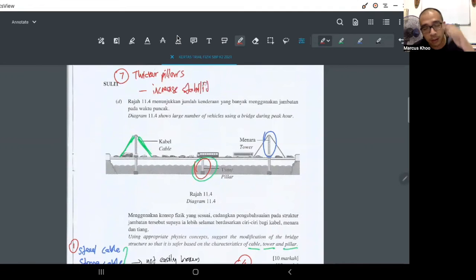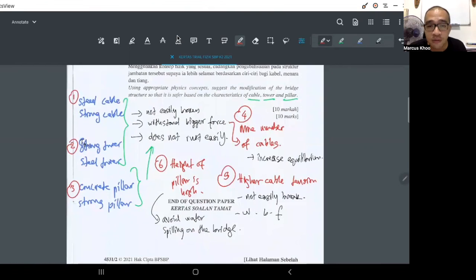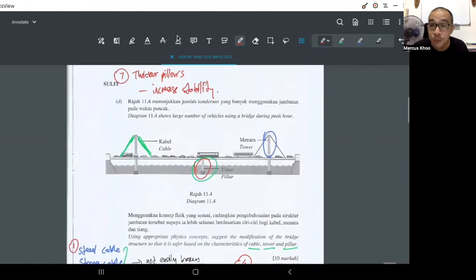Another one. I'm going to run away from withstand bigger force. From just now it's been withstand bigger force, until I'm bored of that answer. Even though it's correct, if you use thicker pillars, you can withstand bigger force. But I'm afraid that if you use the same reason too many times, I know there's a connection, but don't be lazy to think.